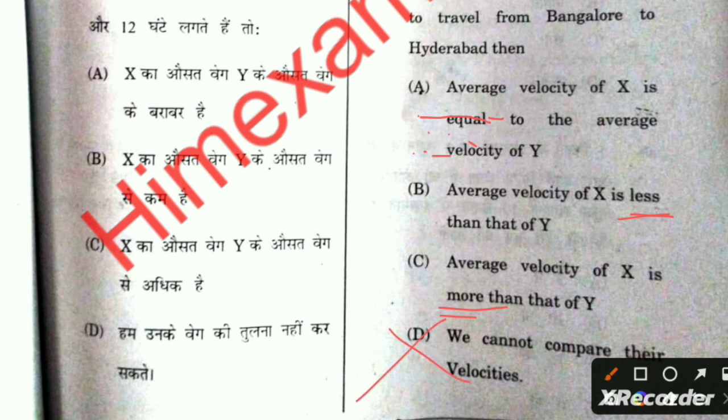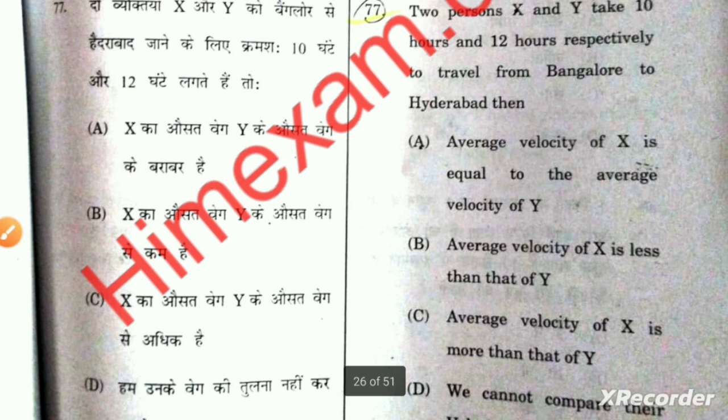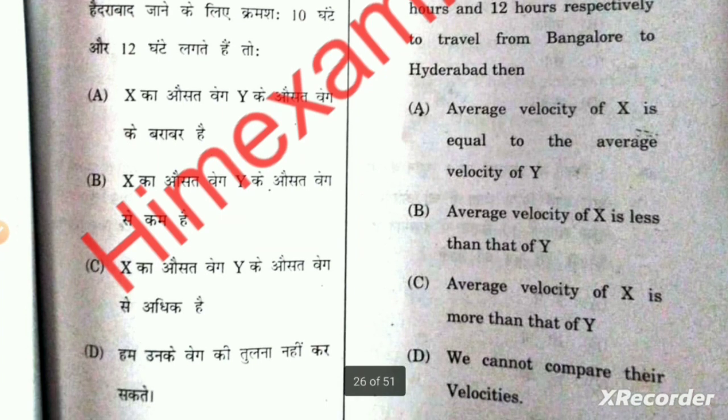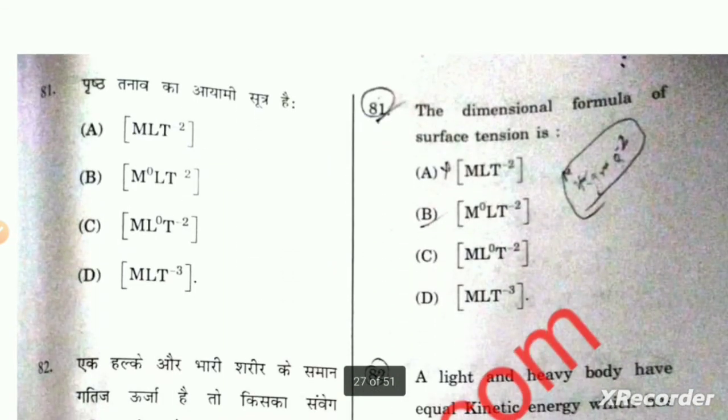First of all, you have to neglect the fourth option, and the right option is that the average velocity of X is more than that of Y, because X takes less time and Y takes more time. C option is the right option. So move to the next question.